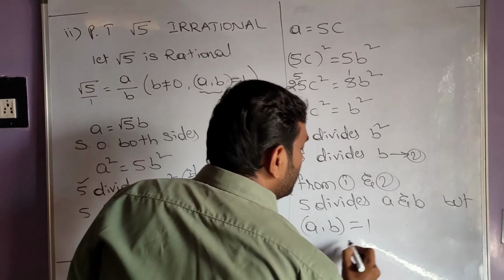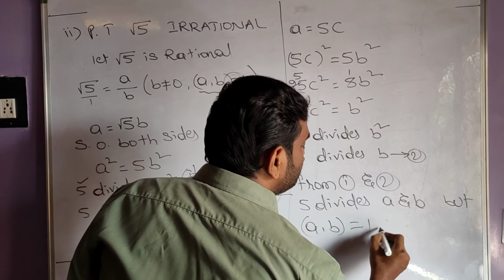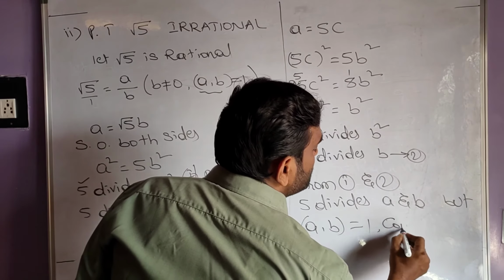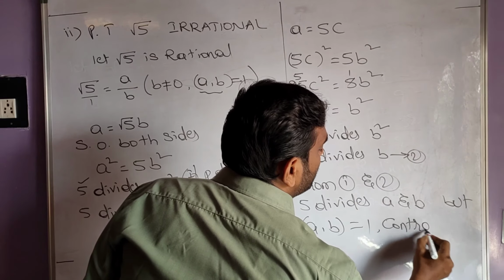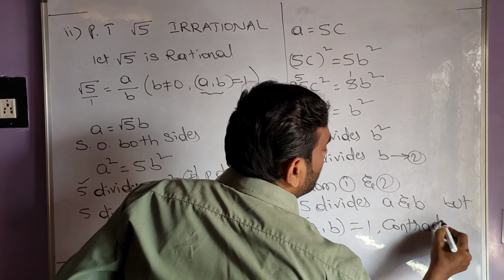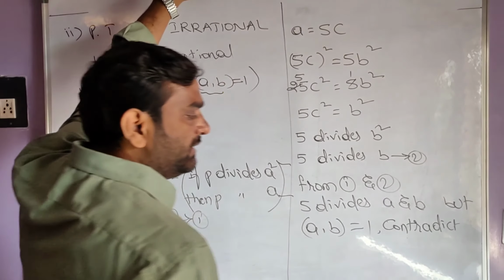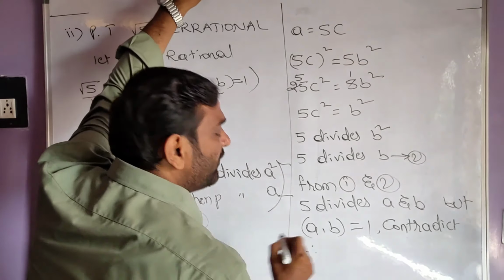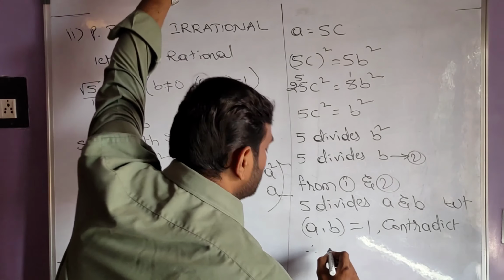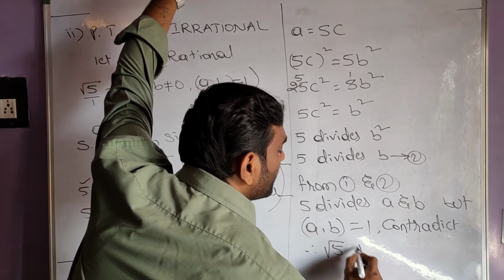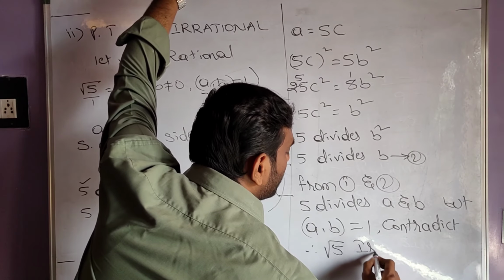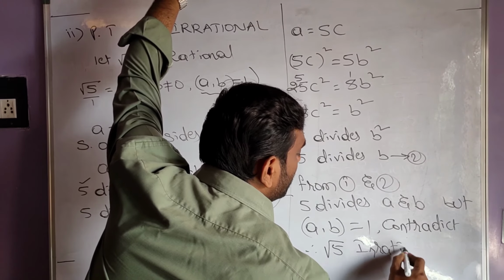So it's a contradiction. Therefore, our assumption is wrong. That is, root 5 is an irrational number.